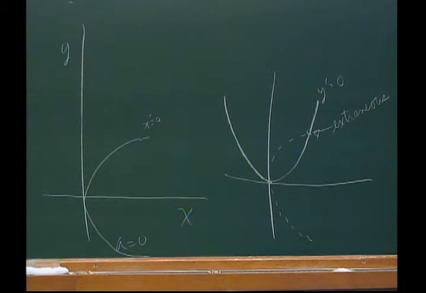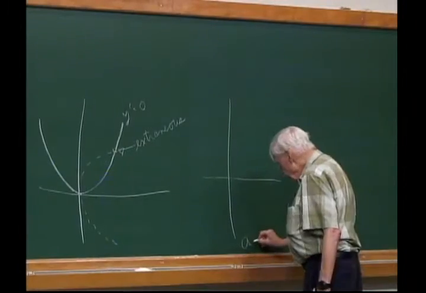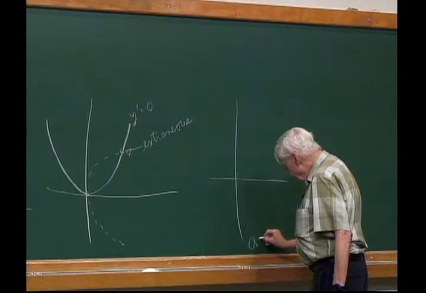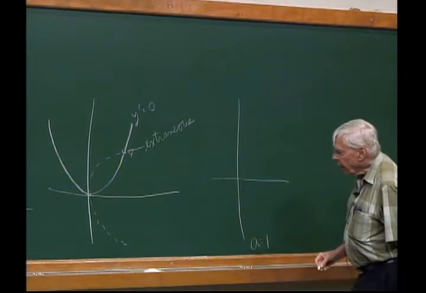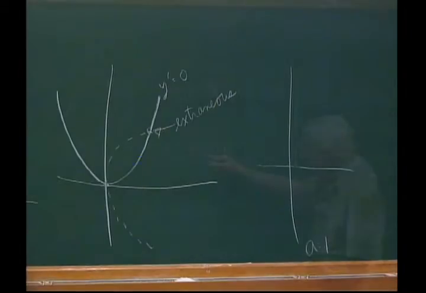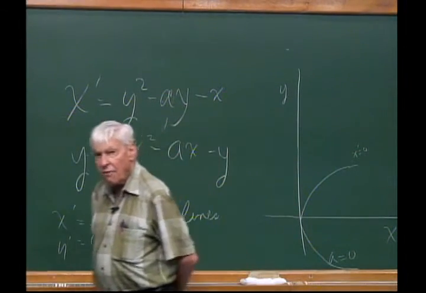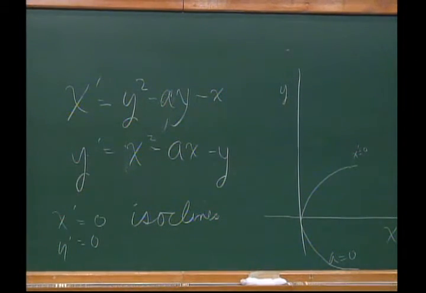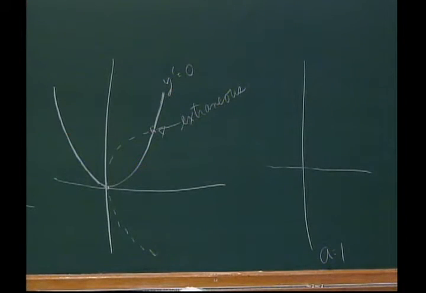Okay, now I want to change it to a. If a equals 1, then we'll get a tangency. So we can see from here, if a equals 1, the two parabolas are tangent at the curve. Okay, so for a equals 1, you have a tangency at 0, and that's going to be the bifurcation point.